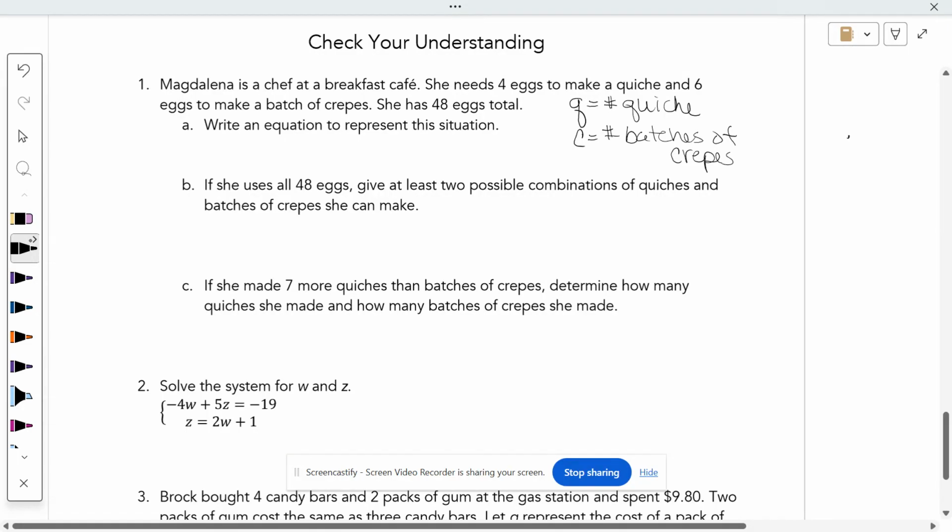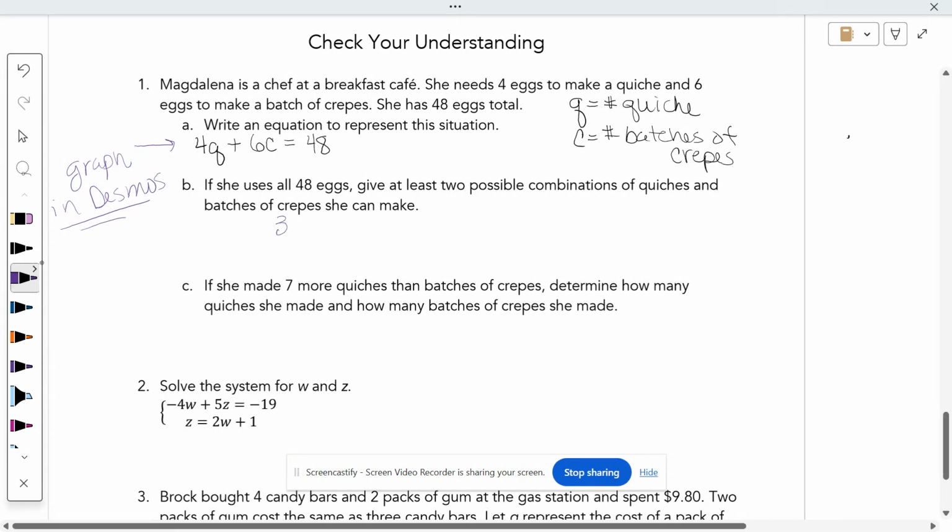All right, so let's see. I need 4 eggs for every quiche, and I need 6 eggs for every batch of crepes, and I have a total of 48 eggs. So you can graph this into Desmos, and you can pick out any ordered pairs that lie along the line.